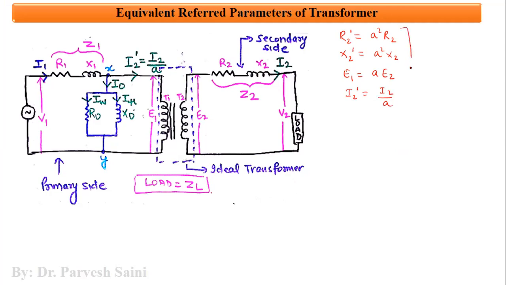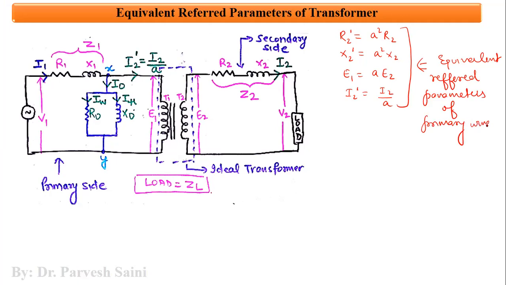So these are basically the equivalent referred parameters of primary winding.